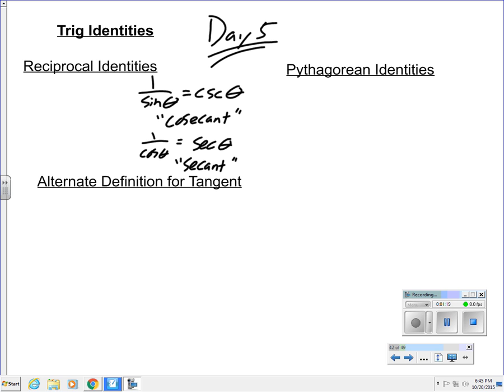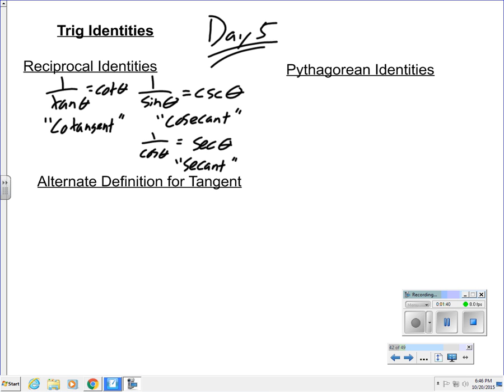And then 1 over tangent is called cotangent. So those are our three reciprocal trig functions, or reciprocal identities.